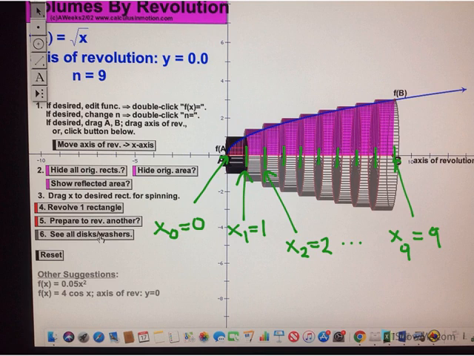So now how can we approximate the volume for our solid of revolution? We can find the volume of each cylinder and add the volumes of the 9 cylinders together, and that would give us an approximation for our volume of the solid of revolution.